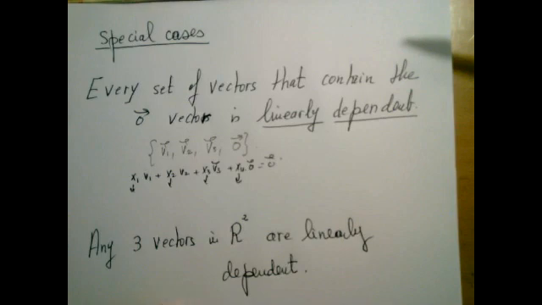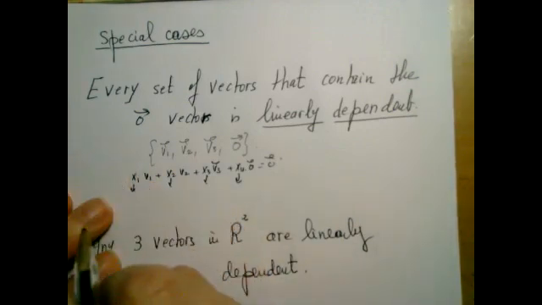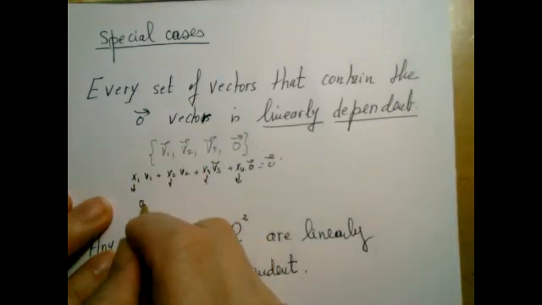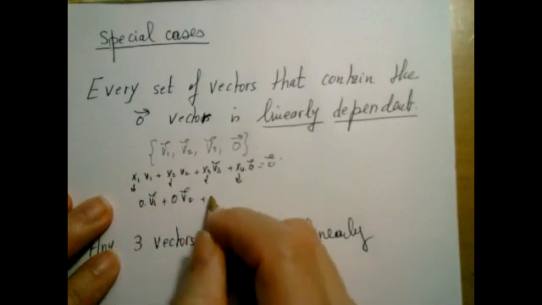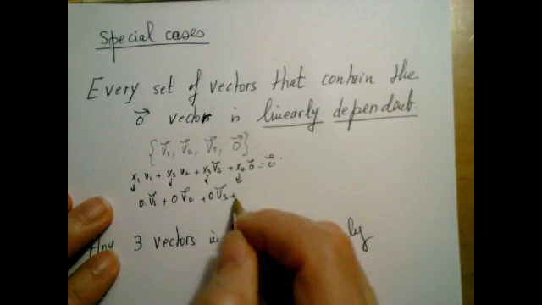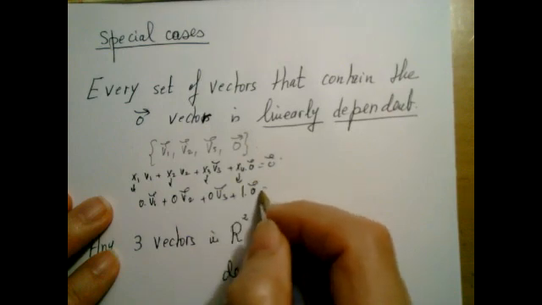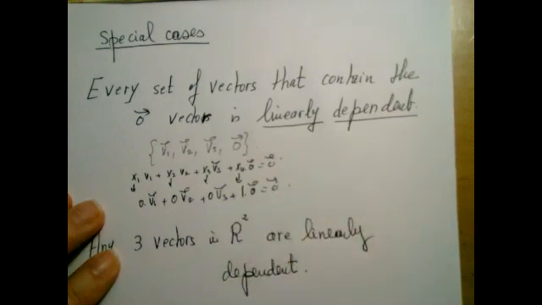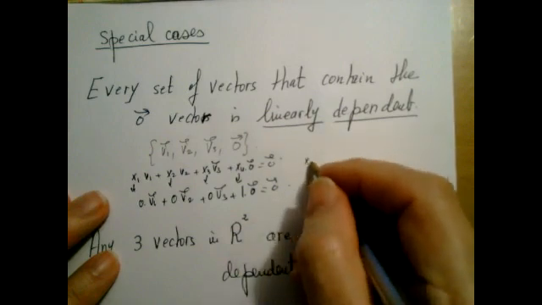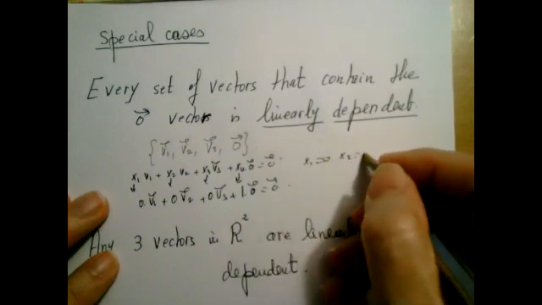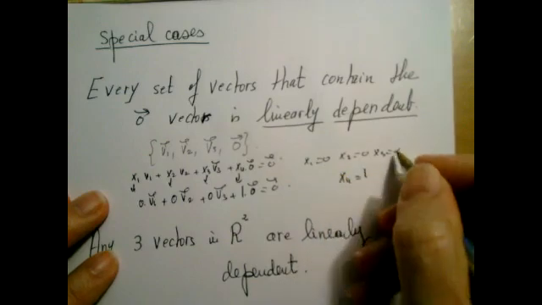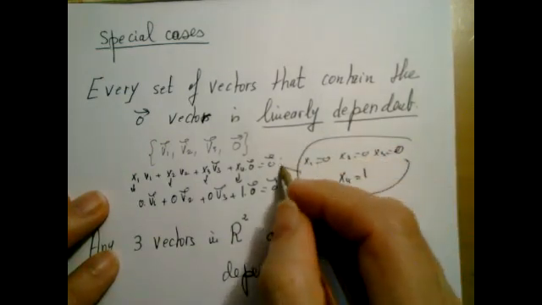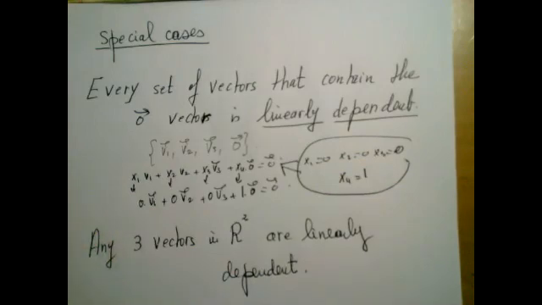Zero, zero, zero, one. Is she correct? Remember, not all of them have to be zero. So if I put 0 times V1 plus 0 times V2 plus 0 times V3 plus 1 times 0, I get 0. It means x1 equals 0, x2 equals 0, x3 equals 0, but x4 equal to 1 will solve this. So I need an algebraic reason.